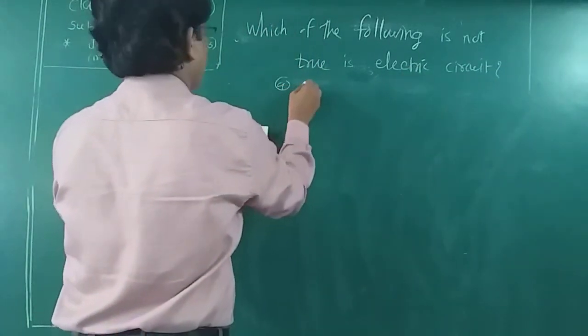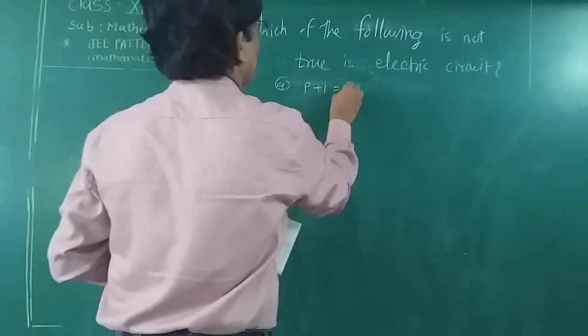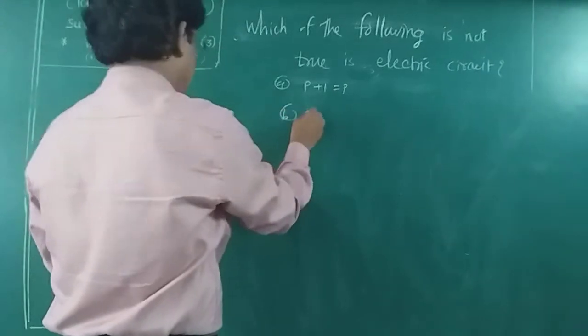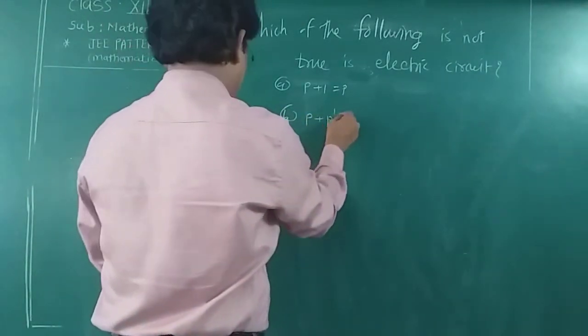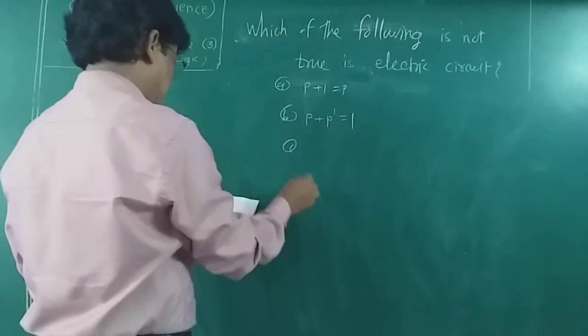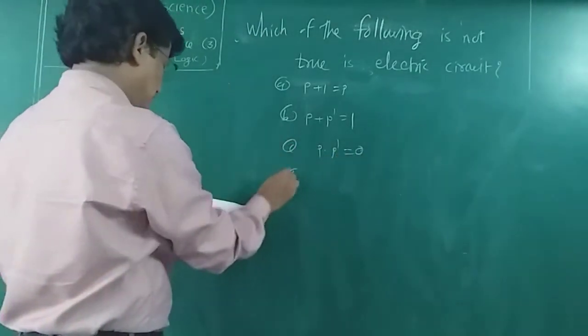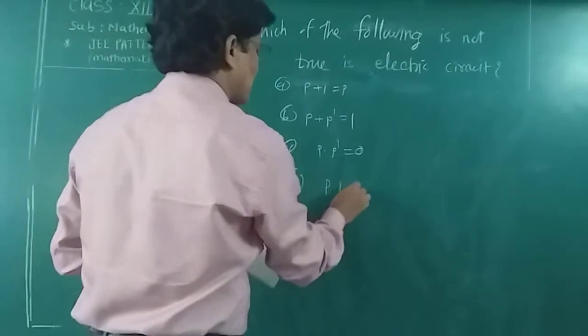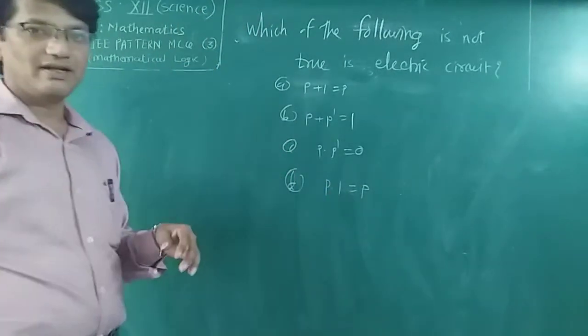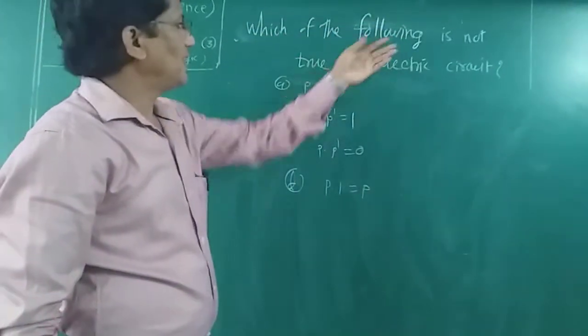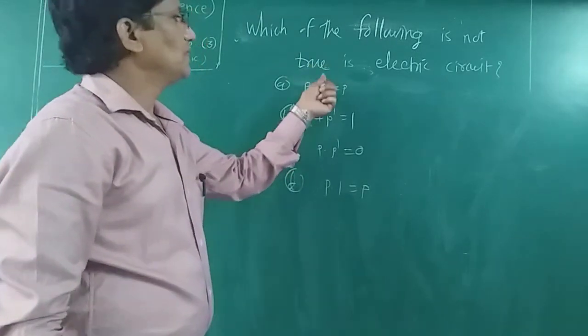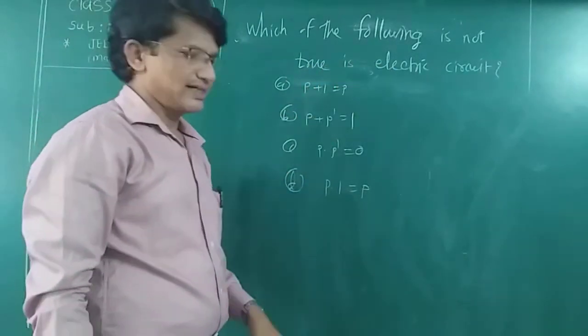First option, P plus 1 equal to P. Second, P plus P dash equal to 1. Third, P into P dash equal to 0. And fourth, P into 1 equal to P. Which of the following is not true in an electric circuit?